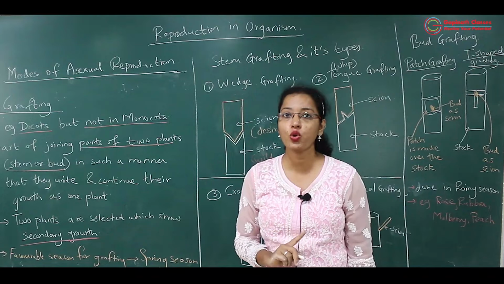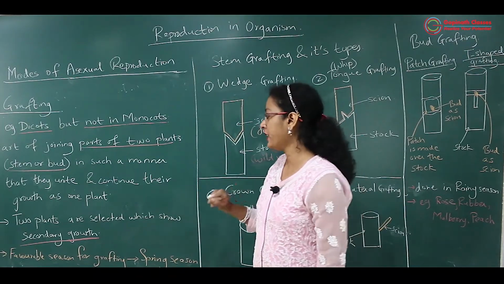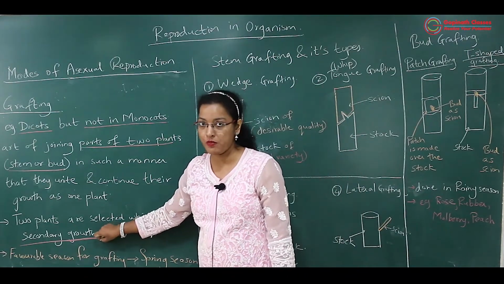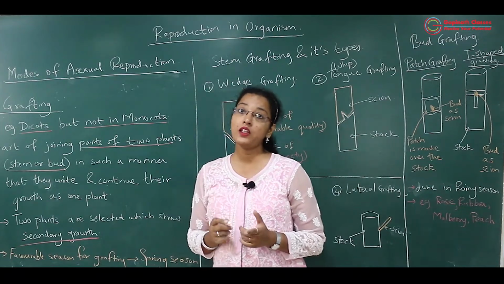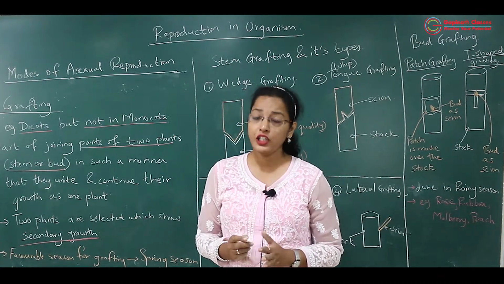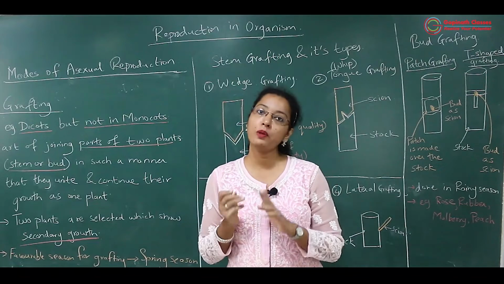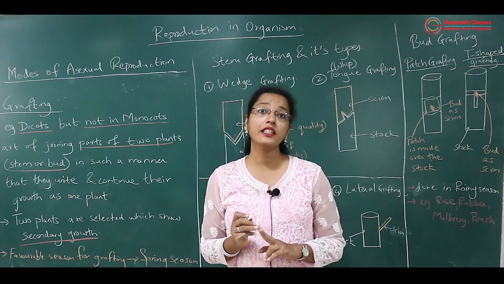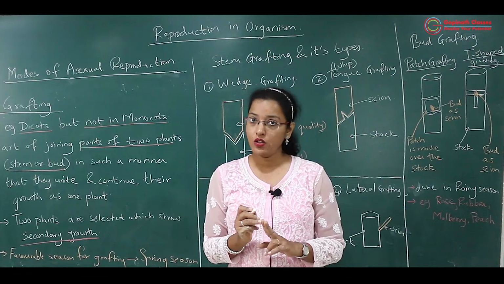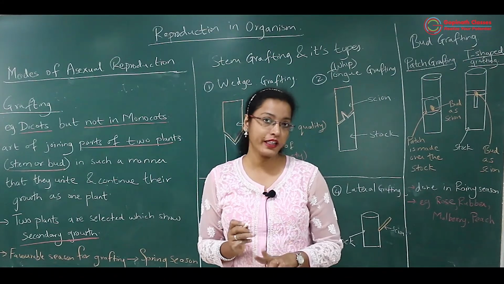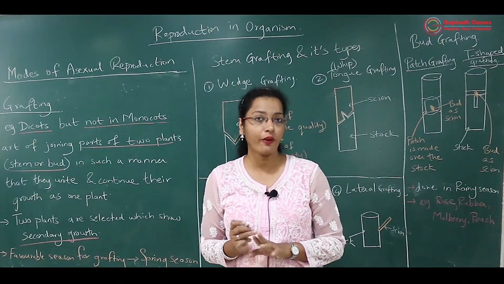Because dicots show secondary growth, that is formation of cambium. So cambium is formed in the dicots only. So whatever two plants we choose for grafting, these should be dicots. Okay, if any one plant is a monocot, there will be no grafting.